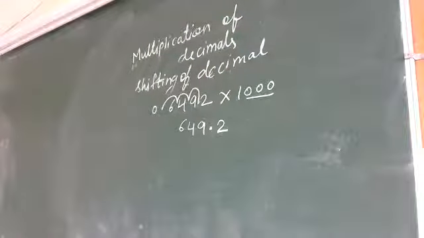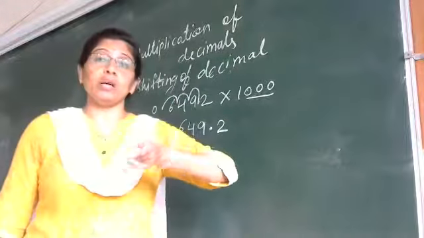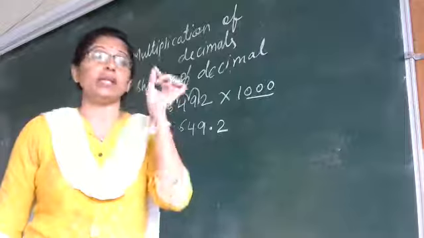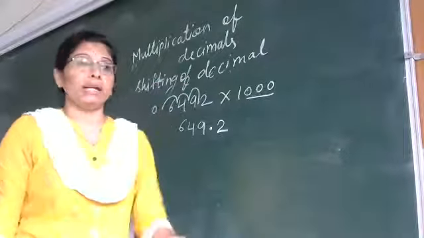Okay, now we will see how we can multiply two decimal numbers, means both will have the decimal point. At that time how can we multiply?